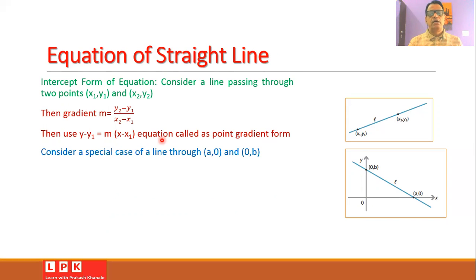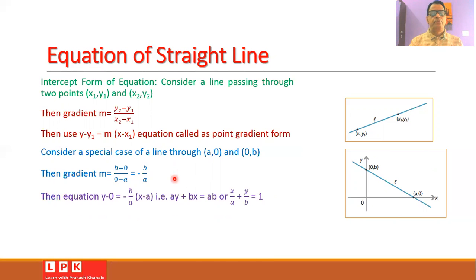And now we can consider a special case where the line will pass through the points a comma 0 and 0 comma b. That is, the line is intersecting both the x and y axis. Then in that case, the gradient can be defined as m is equal to b minus 0 divided by 0 minus a, which is nothing but minus b upon a. And in that case, the equation can be rewritten as y minus 0 is equal to minus b upon a into x minus a.